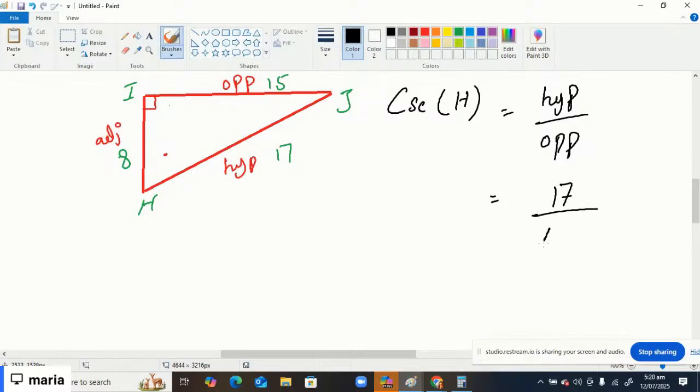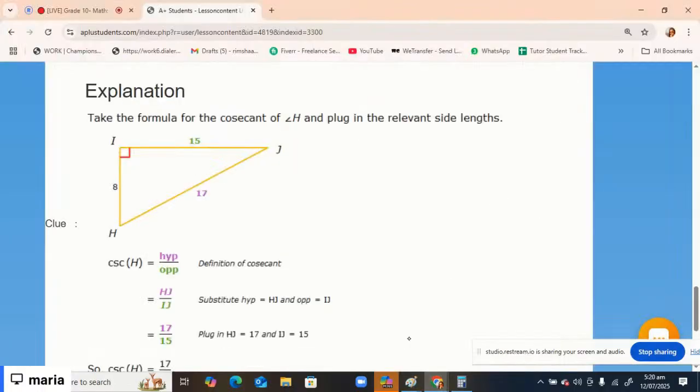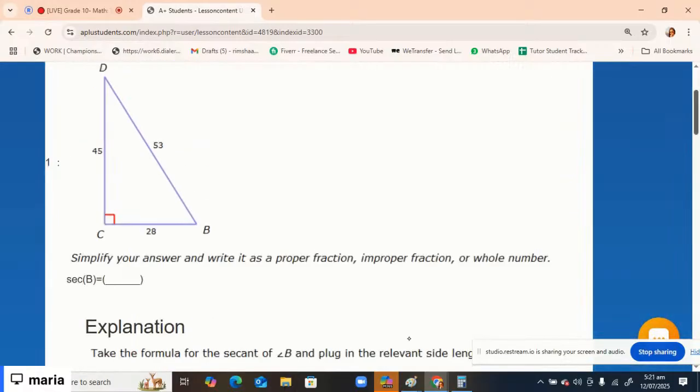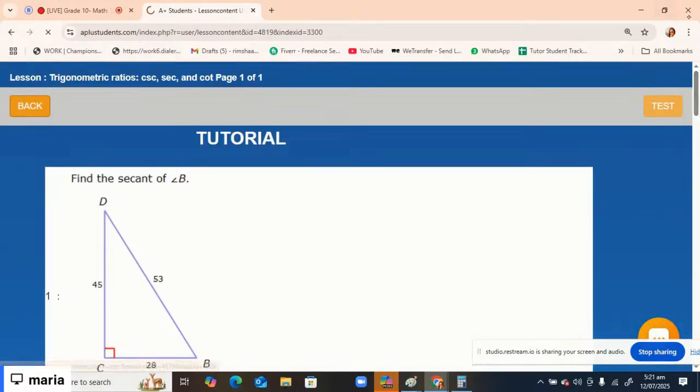What is the opposite, which is 15? So cosecant of H is this one. Hope you guys understand this lesson as well. Okay, so solve the test questions regarding this lesson and also solve the rest of the questions by yourself.